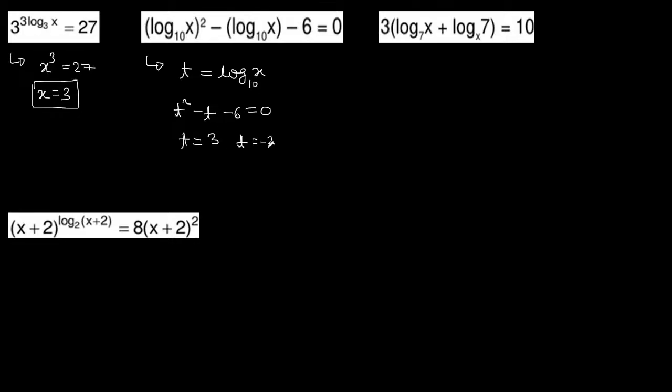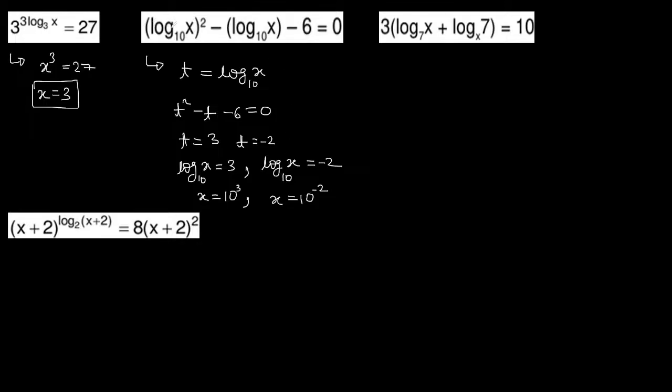Yes, product of the roots, sum of the roots. So t is what? Log x base 10 equal to 3, log x base 10 is equal to minus 2. We will simply get x equal to 10 cube, and x equal to 10 to the power minus 2.